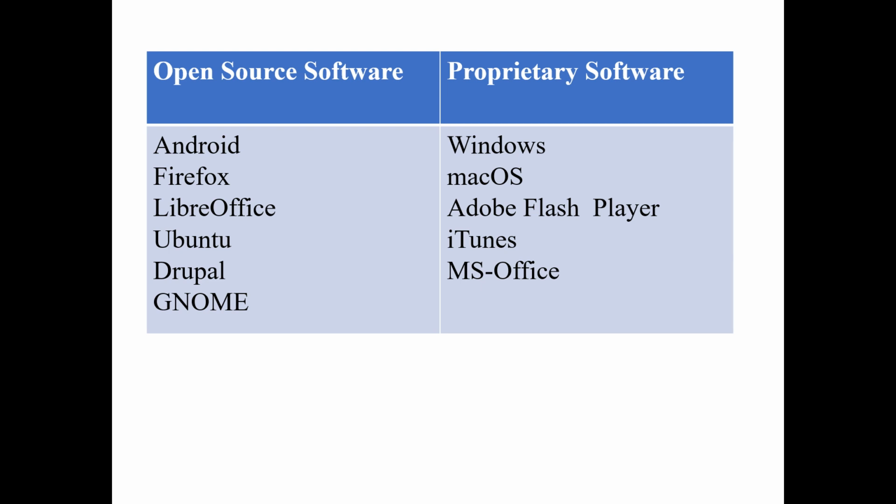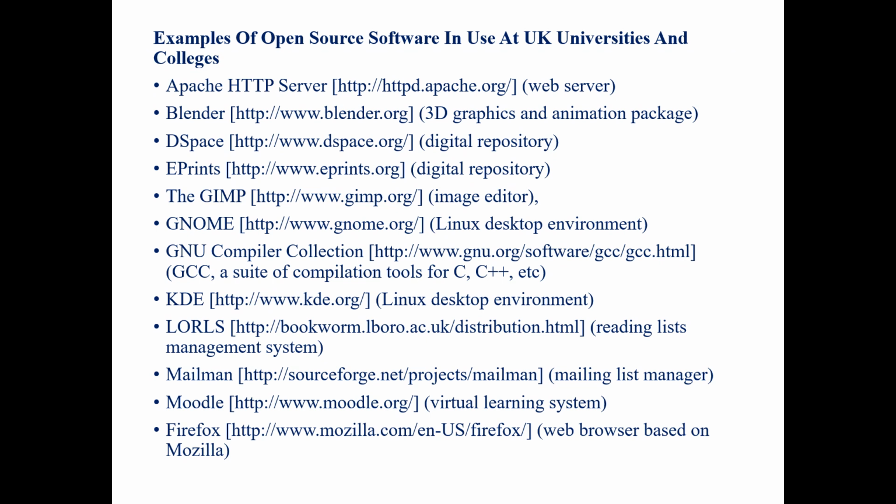Now we are going to look at more examples of open source. The Apache server is the best example. It is free to use; anybody can download and use it. Other well-known open source software includes Blender, DSpace, ePrints, GIMP, and GNOME.